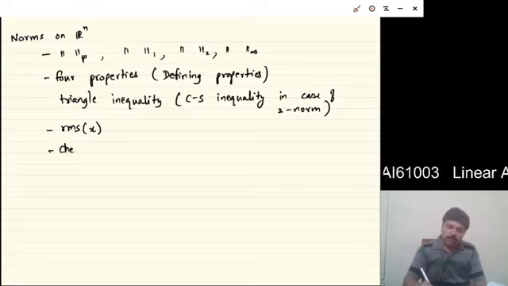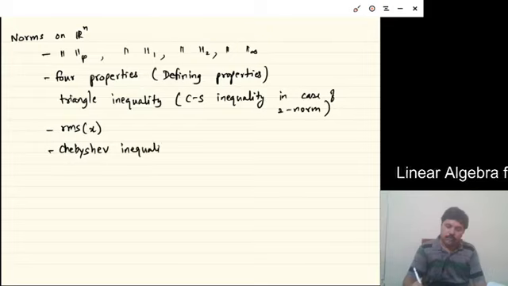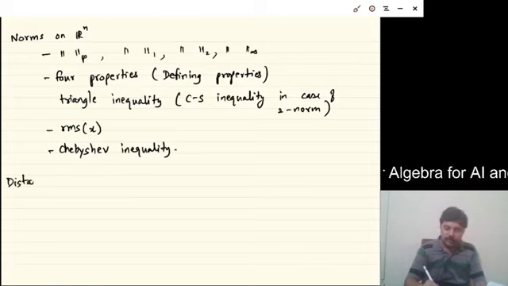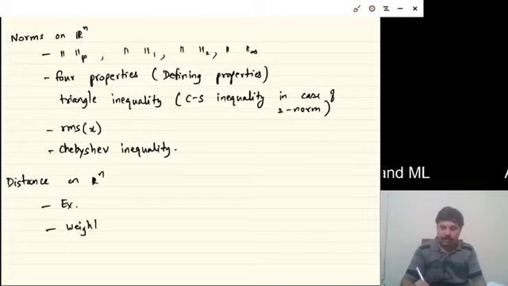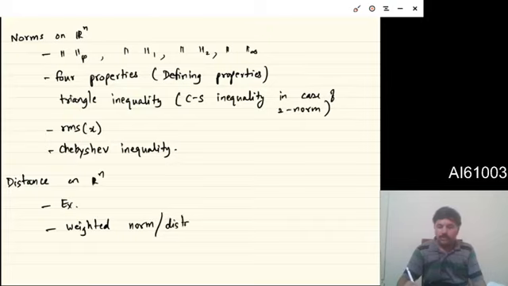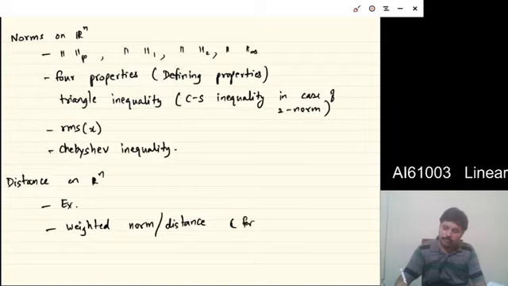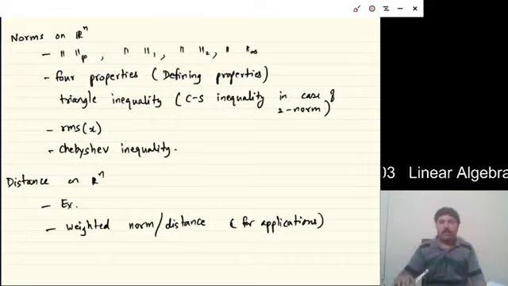We talked of the Chebyshev inequality, and based on norms we defined distance, and for the concept of distance we saw some examples, and weighted norm or weighted distance, which will play a crucial role in applications. So this is what we studied in this particular lecture. Thank you very much.